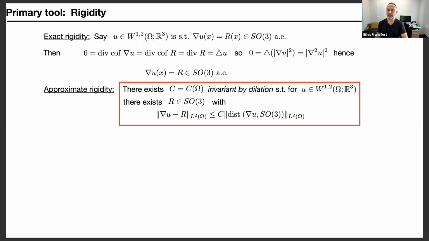There's a constant, and that constant is invariant by translation and dilation of your domain. Okay, so this is the tool which is going to be the primary tool in the analysis.